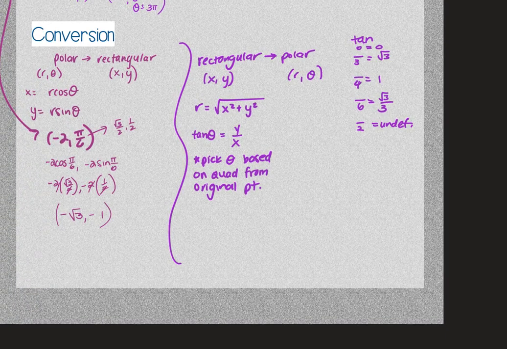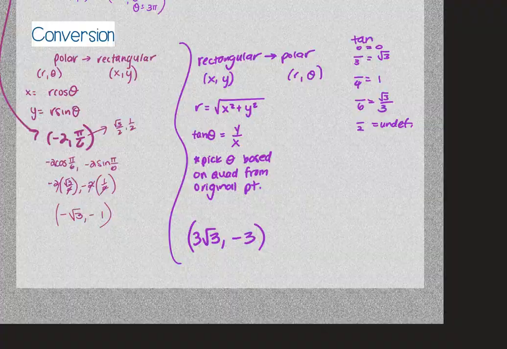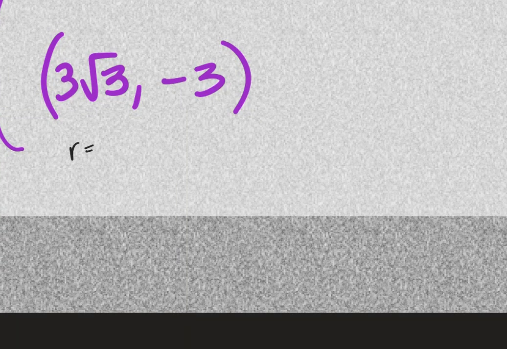Yeah, like if you went from 3√3. Here, actually, let's just do this one. 3√3 and then -3. So my r is the square root of 3√3 squared plus -3 squared.